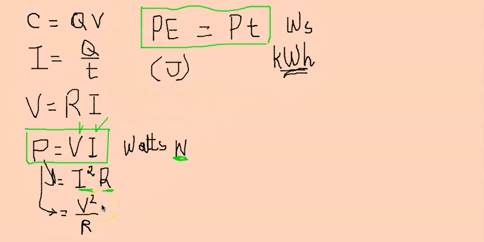And if we have only voltage and resistance, that would be V squared divided by R. And of course, we have seen before Ohm's law, V equals R times I, and the capacity and electric current.